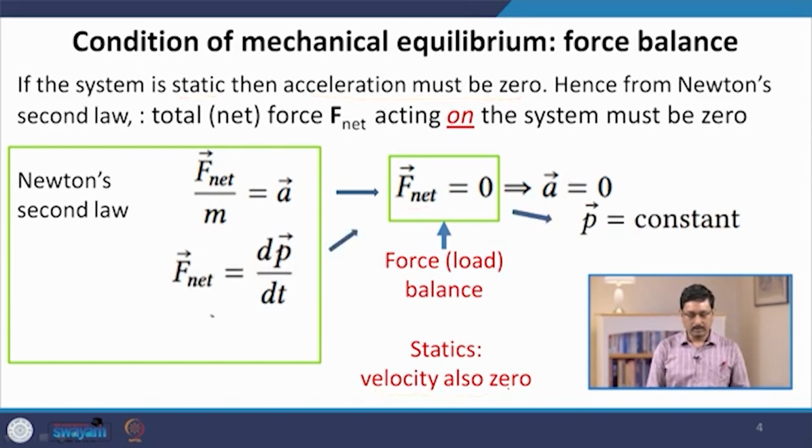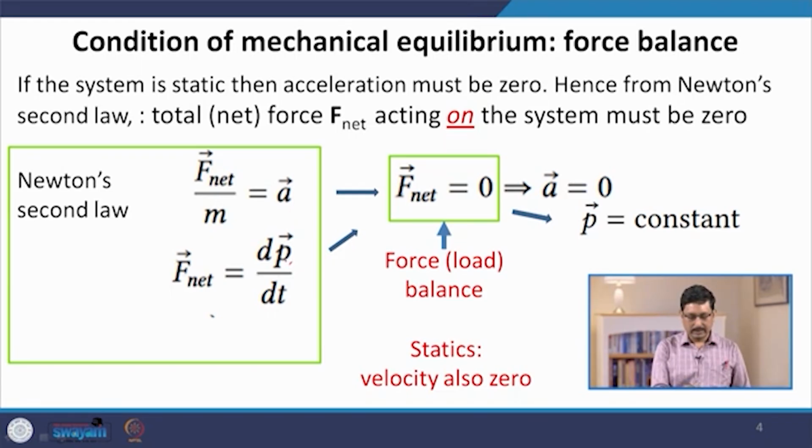We know that in the previous week we wrote Newton's law in a slightly different way. A more general version of Newton's law says that the net force represents the rate of change of momentum p with respect to time.